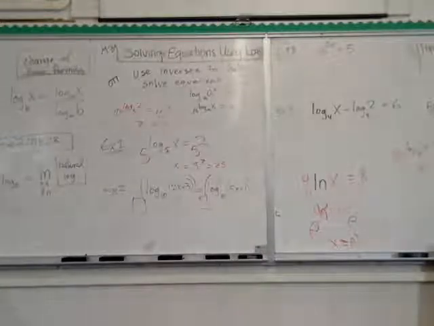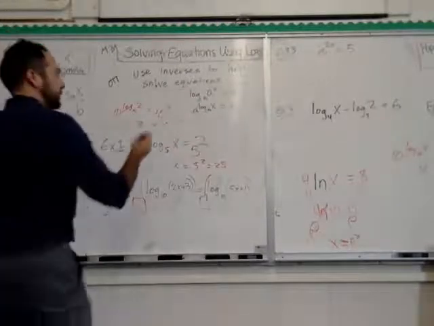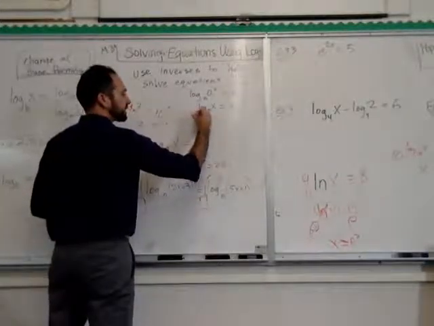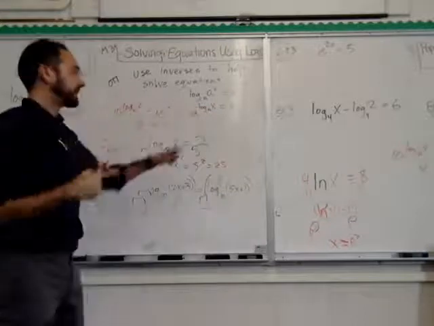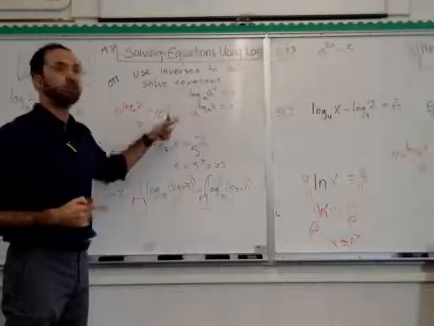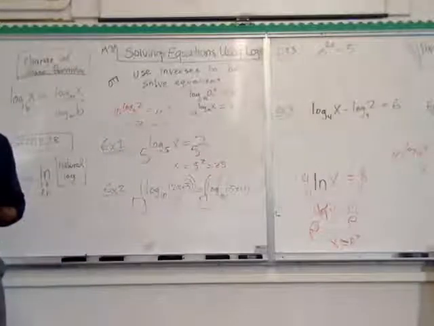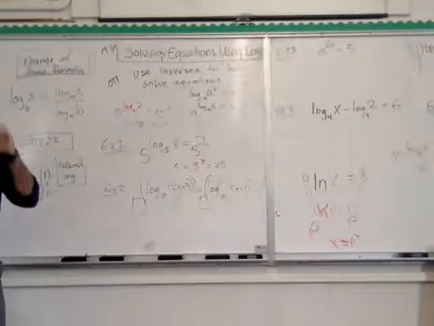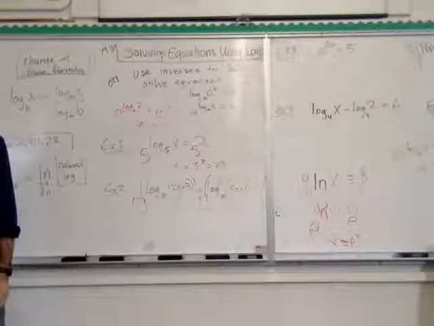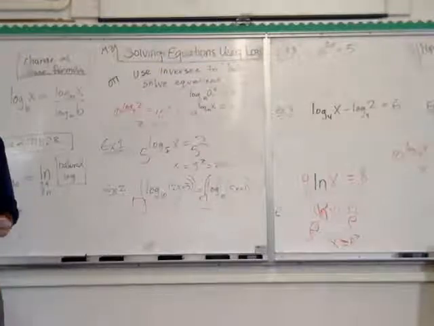Remember that if you have a base raised to an exponent log base a, if those match, you can cancel those out. So you can raise it to 10 and that would cancel out.